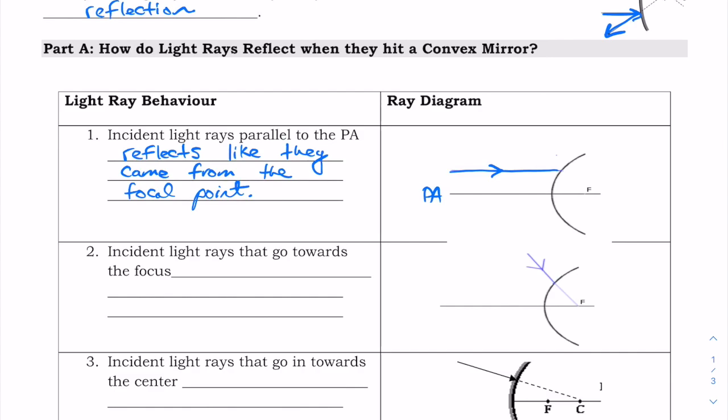When it hits the mirror, it reflects away like this. But it's going to appear like that ray of light came from the focal point on the other side of the mirror. So we can backtrace it by drawing that dotted line like so, and that would be rule number 1.